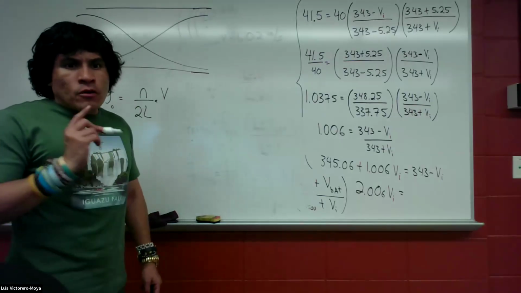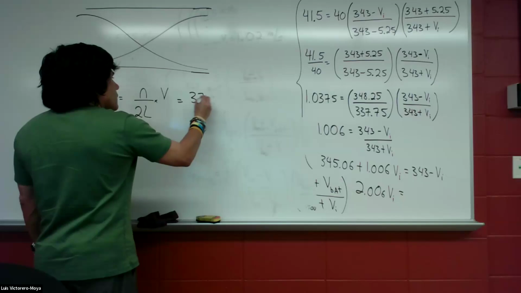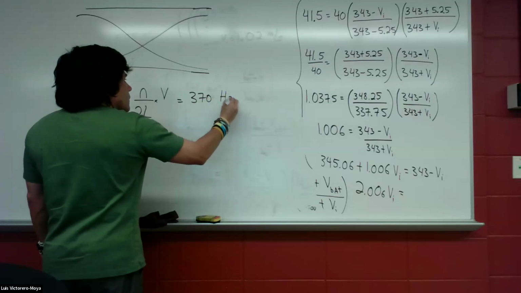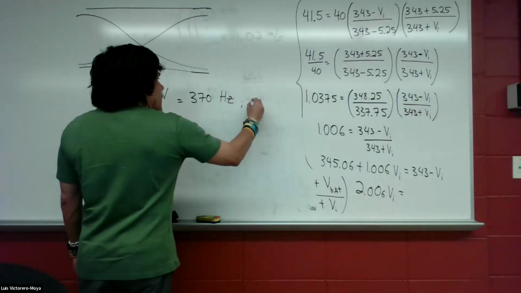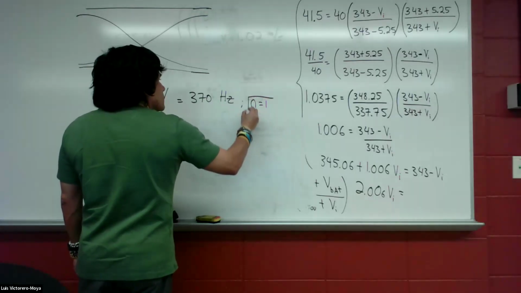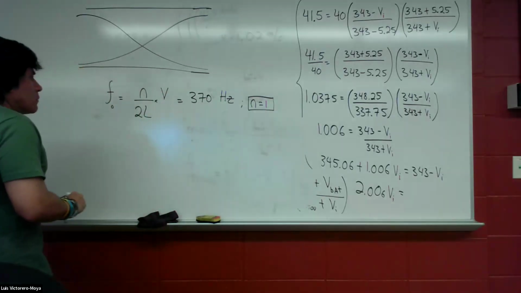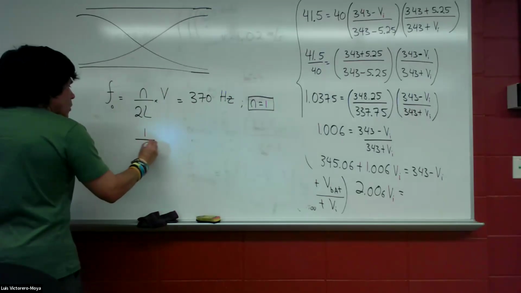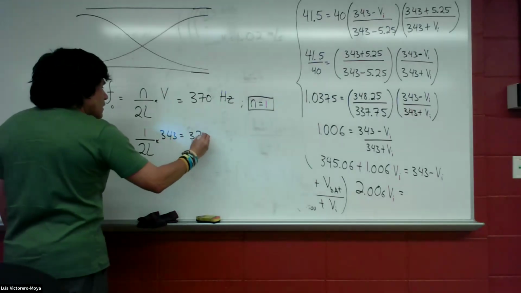So it says that the fundamental frequency is equal to 370 hertz. That's for n equals to 1. What's the length of the pipe? Easy. 1 over 2L times 343 equals to 370.